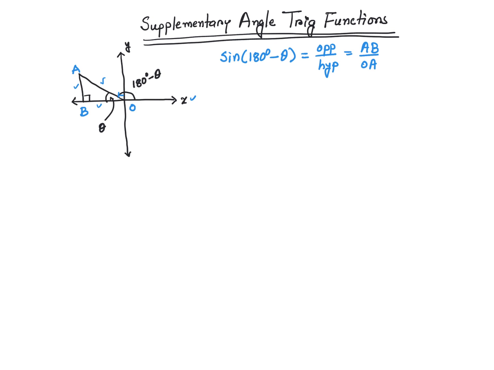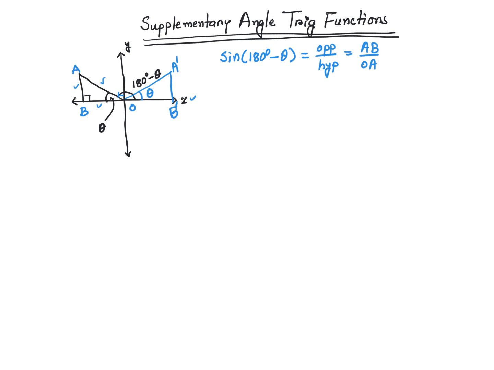Now, what I'm going to do is reflect this triangle OAB about the y-axis. If I do that, I get something like this. Let's call these A prime and B prime. So I have a new triangle O, A prime, B prime, and let's find this angle, which is going to be theta, by the way.